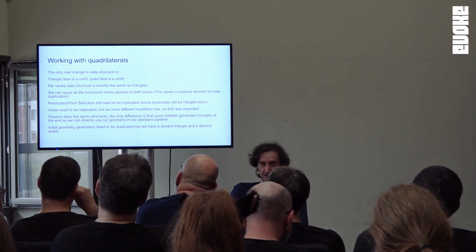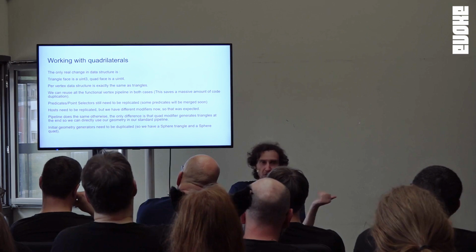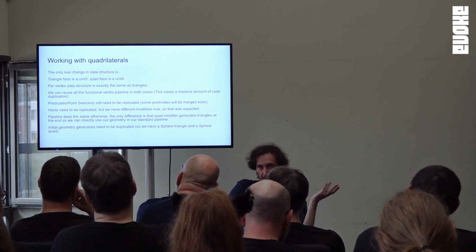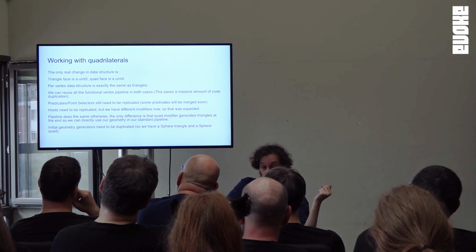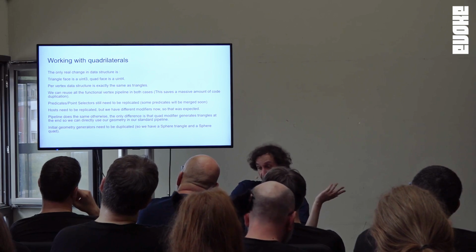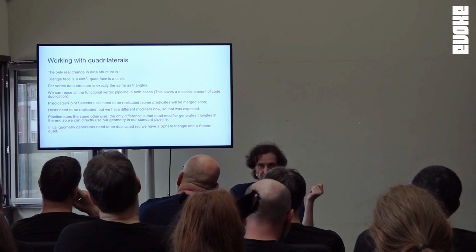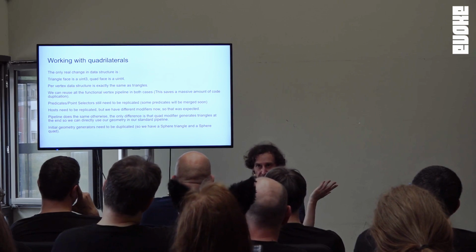A host needs to be replicated, because obviously a modifier with quad is not the same as a modifier with triangle. So we have to modify only the host, but that means we have to modify 10% of the code base versus 100%, which is pretty decent. And the pipeline is the same. At the end of all the passes, we generate a triangle mesh from the quad mesh, and we send it to the pipeline. So we don't need to replicate the vertex shader or change code on that. We have exactly the same.